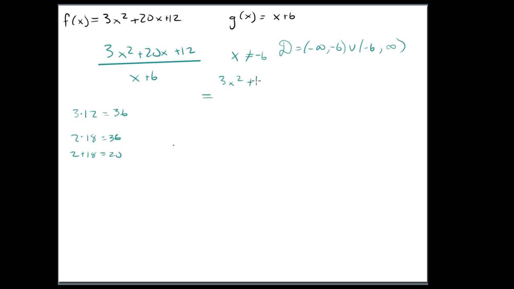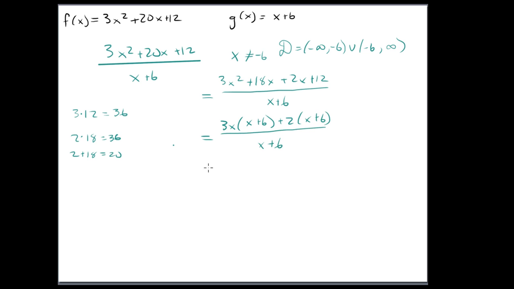3x squared plus 18x plus 2x plus 12 over x plus 6. So that's 3x times x plus 6 plus 2 times x plus 6. 3x plus 2 times x plus 6 divided by x plus 6.